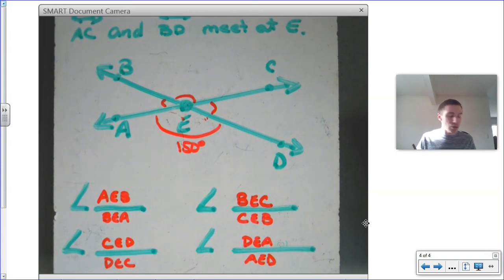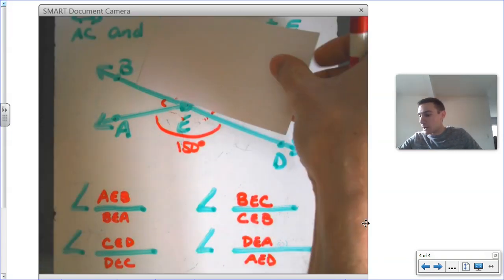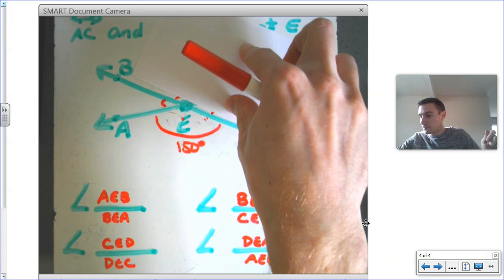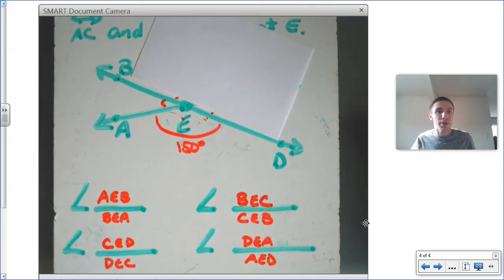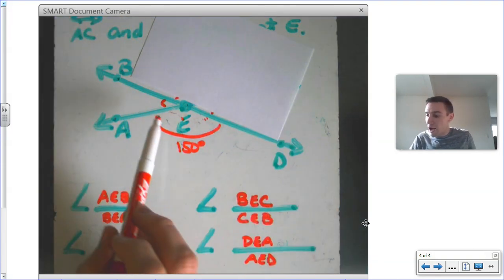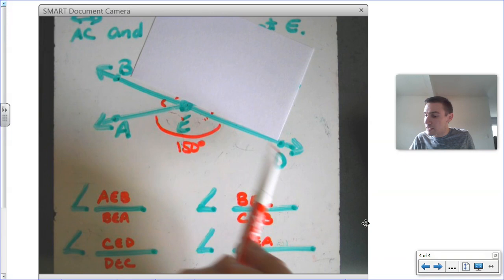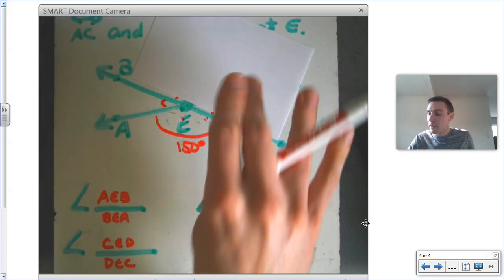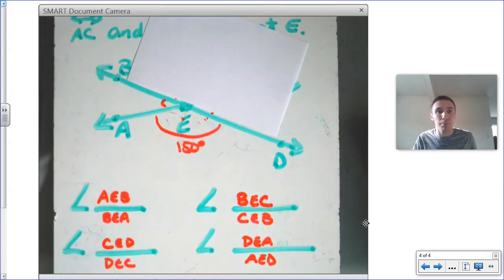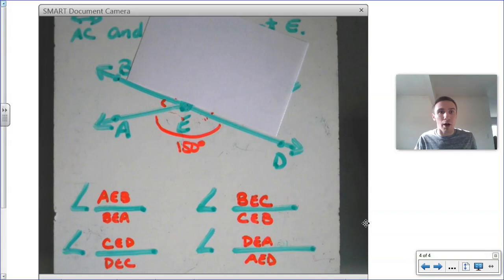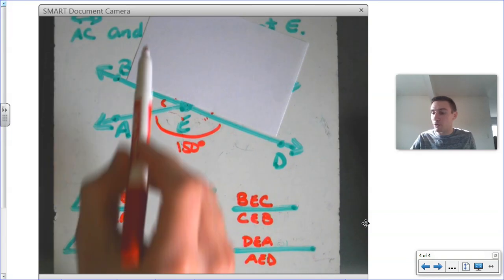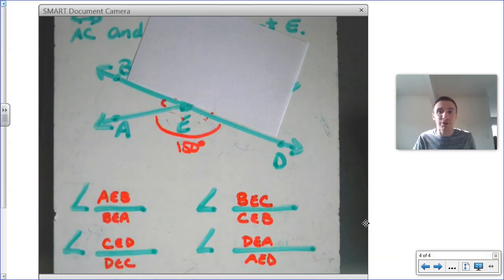So what I'm going to do very quickly is take this blank index card right here, and cover up half of my diagram. So with that, I now have angle AED and angle BEA. And these together make up points on a line. And I know I have that because underneath the index card, it says that BD is a line.